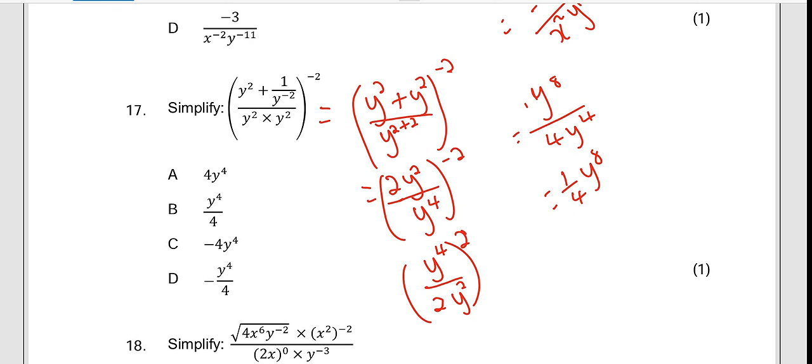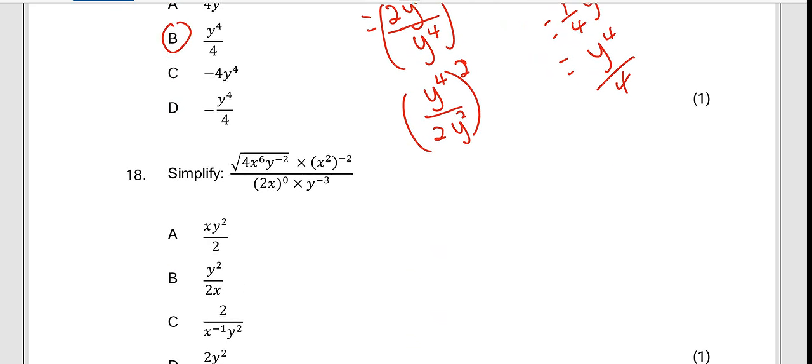I will take this to the other side, and then it's going to be minus 4. Any number multiplied by 1 is that number. It's going to be y to the exponent of 4 over 4. The correct answer is B.